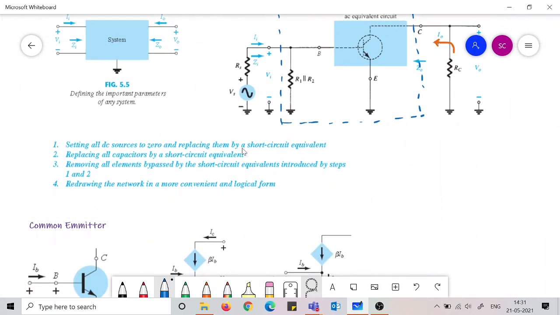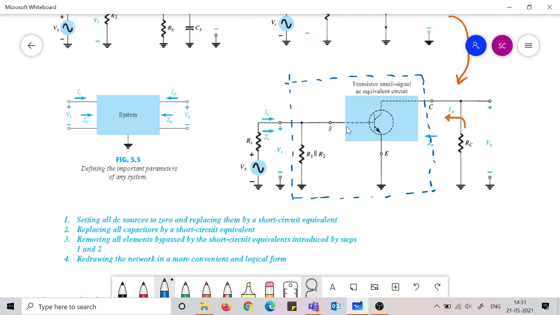Such pictures can be made for any arrangement, and then we can start treating it in terms of a general two-port system.